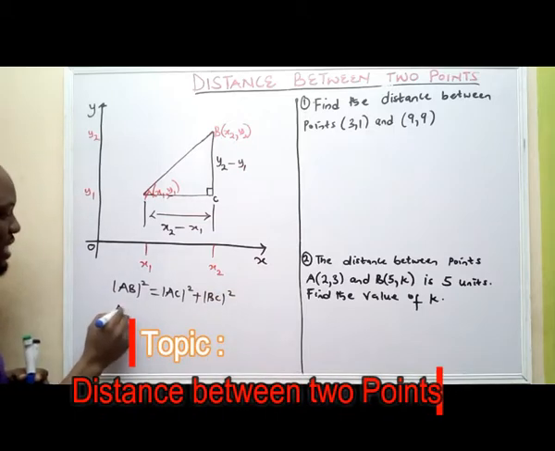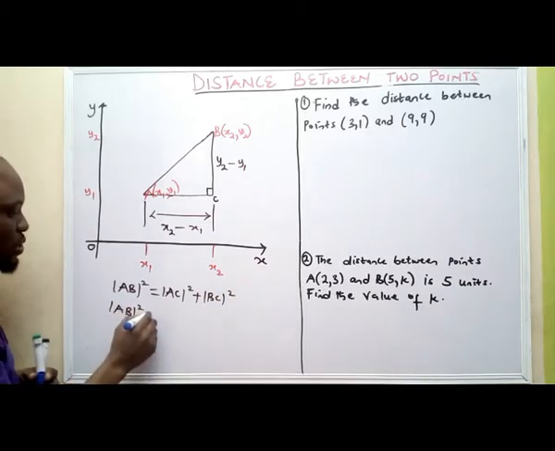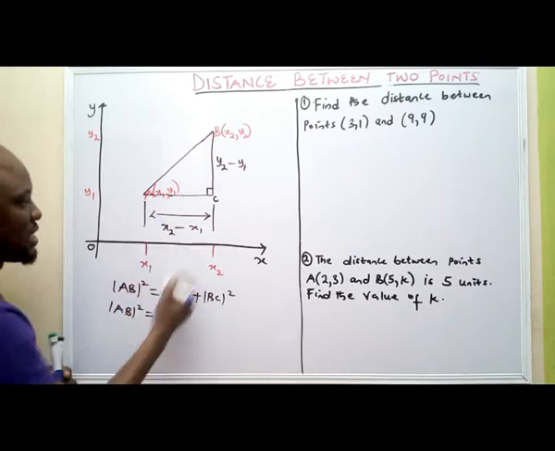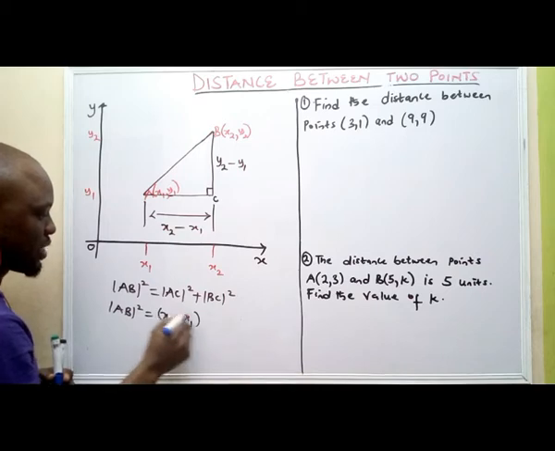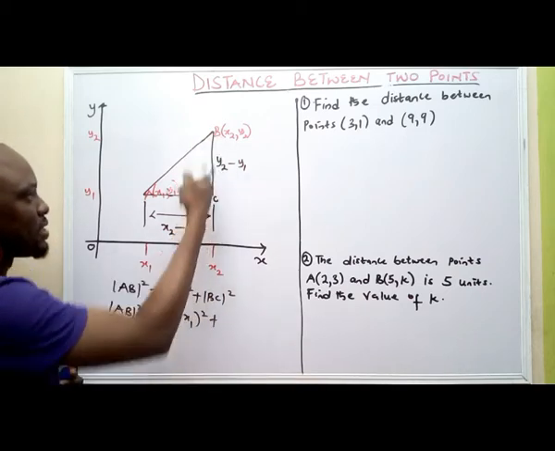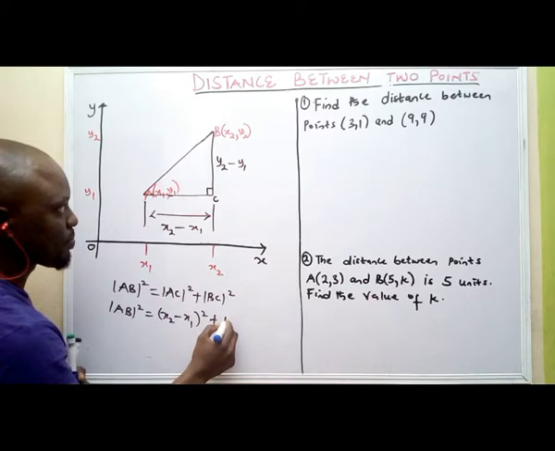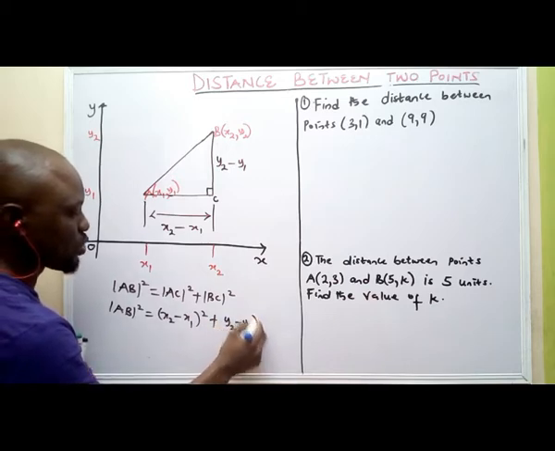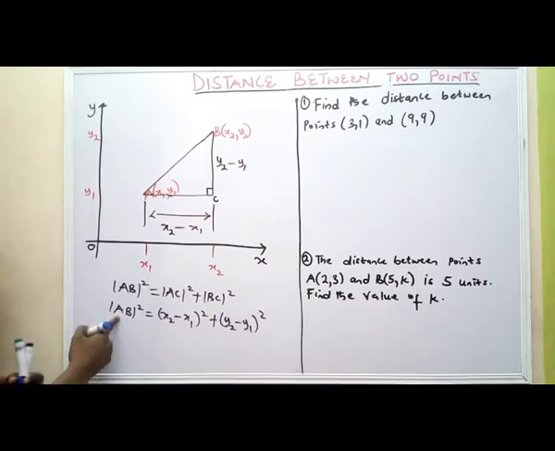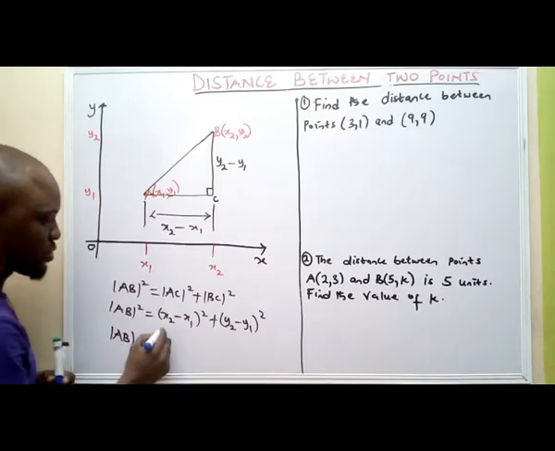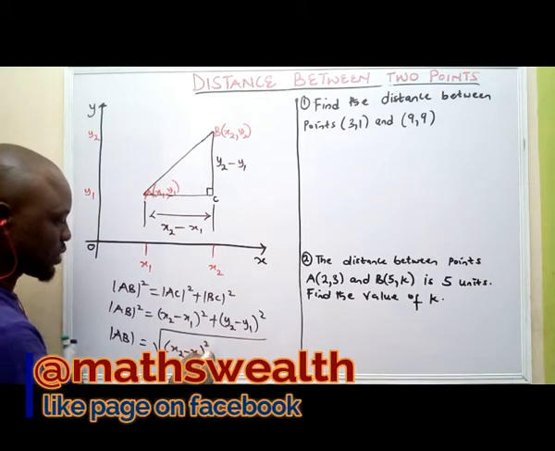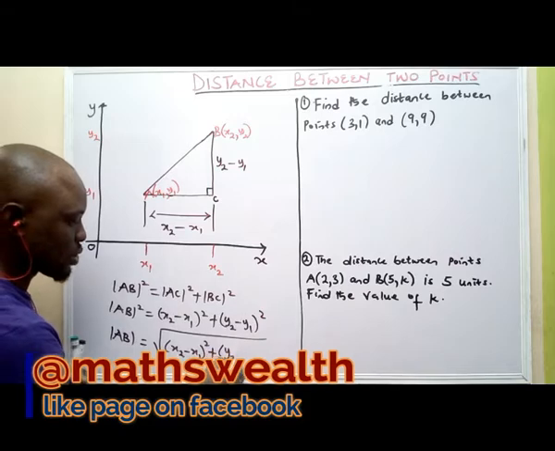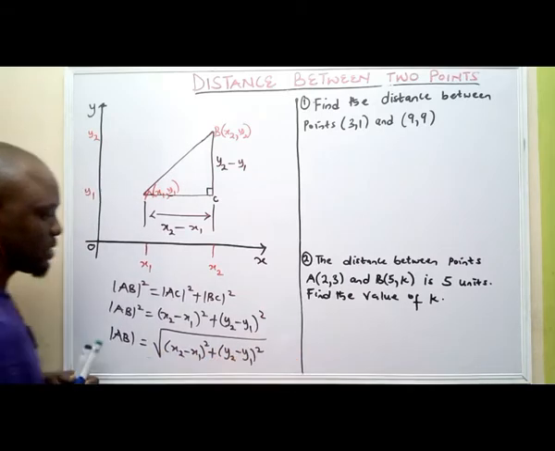So I want to find the length of AB all squared, with the AC being x of 2 minus x of 1 all squared, plus the distance between B and C, y sub 2 minus y sub 1 all squared. So the length AB will be the square root of x sub 2 minus x sub 1 all squared plus y sub 2 minus y sub 1 all squared.